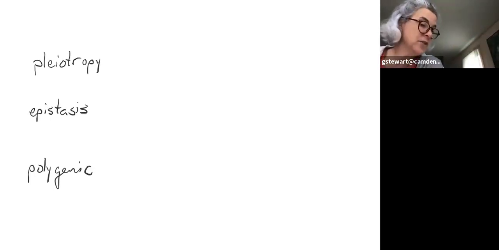And those words are pleiotropy, and epistasis, and polygenic. Okay, so I'd like to give you definitions for each of those. You'll find them in your book. They're words in bold, of course, right?